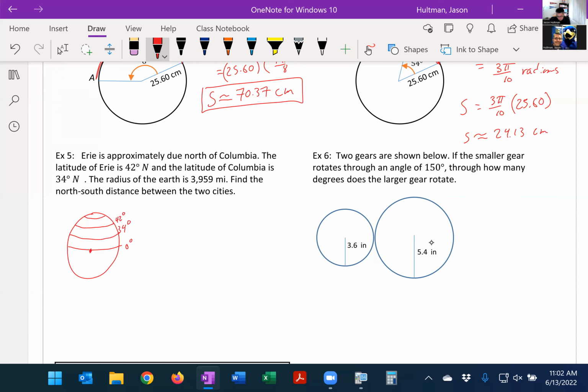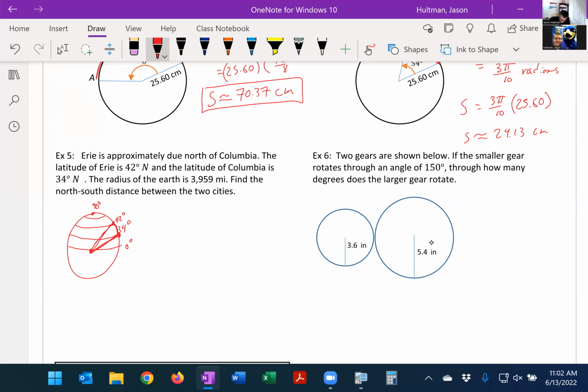These are all degrees of latitude, and it goes from 0 to 90. 90-degree latitude in the northern hemisphere would be the North Pole. And we want to know the distance Erie, Pennsylvania is from Columbia, South Carolina.